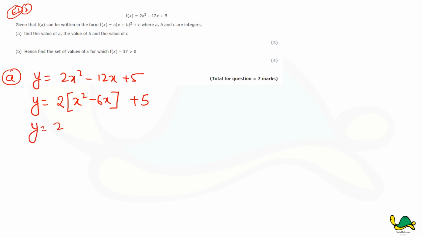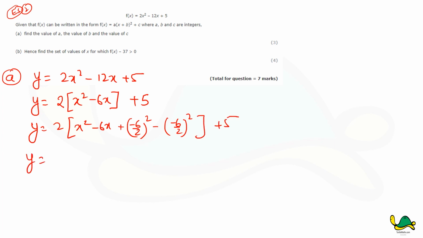After that I will go ahead: 2 times (x² − 6x). I have to half the −6 and then add its square and subtract its square. So I will have (−6/2)² − (−6/2)² + 5.